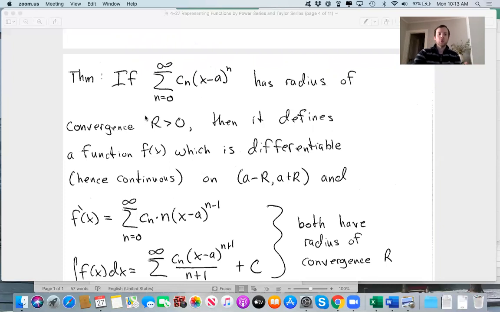So this is really just ruling out the case where it only converges at its center. Then this series actually defines a function, which is what we've been talking about. It's a function of x, but this function is differentiable. And if you are differentiable, you are continuous on the interval of convergence.